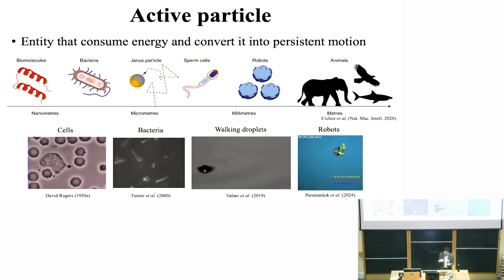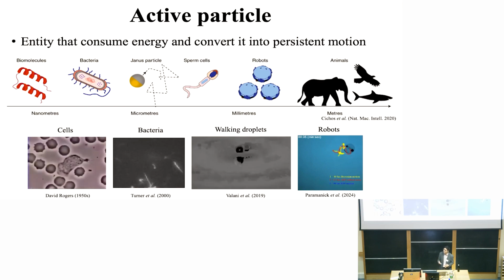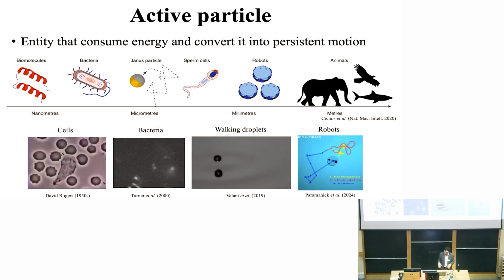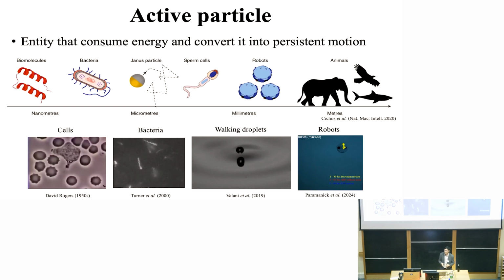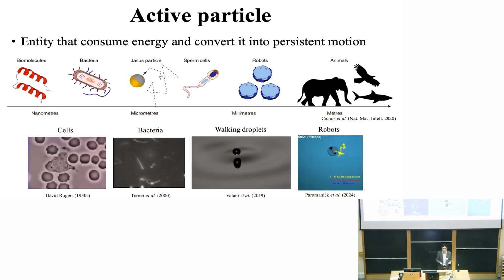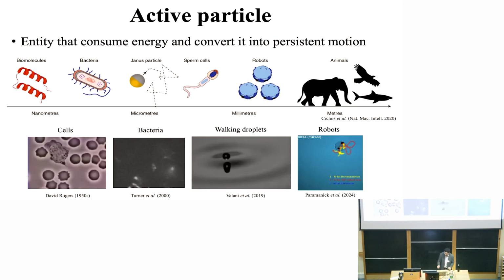When you have robots doing some sort of self-propulsion, either pre-programmed or sensing its environment, it is an active particle. And then at the scale of meters, we have big mammals, birds, fish, and even ourselves. So we are, in some sense, active particles as well. We eat our food and then convert that into some sort of motion all day around.